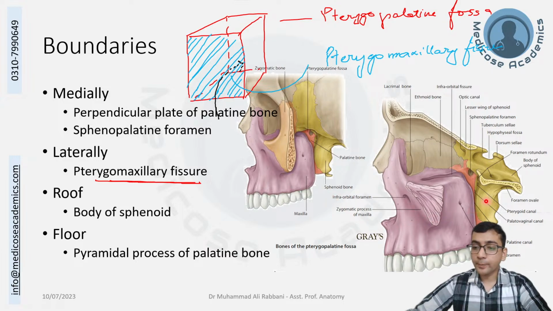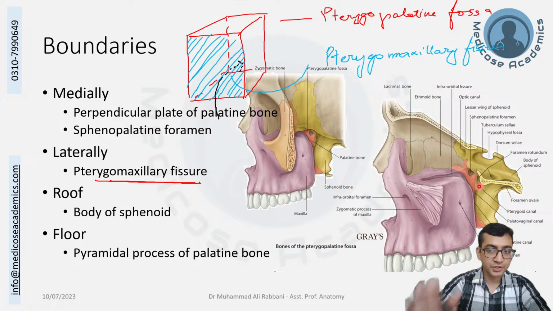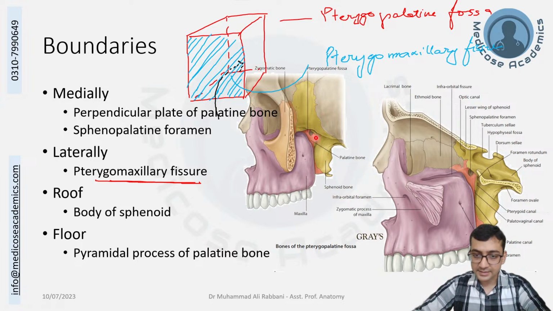It is known as pterygomaxillary fissure because this is defined anteriorly by the maxilla and posteriorly by the common root of the pterygoid plates and the posterior margin of the maxilla. In between them, there is pterygomaxillary fissure. You pass through this fissure and you enter the cavity inside. That cavity is called pterygopalatine fossa.